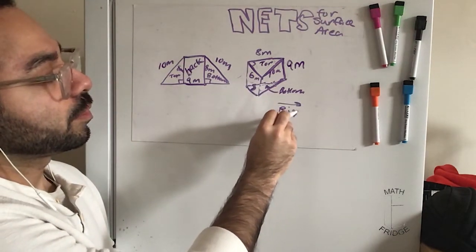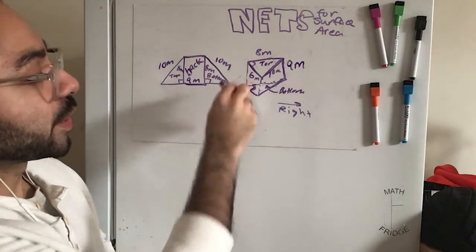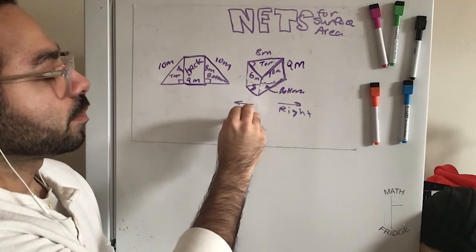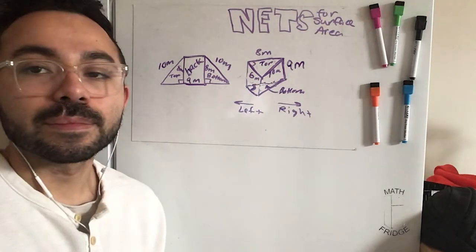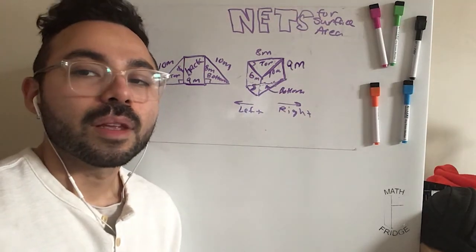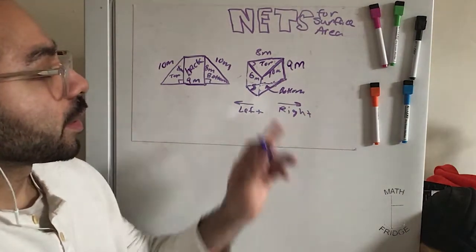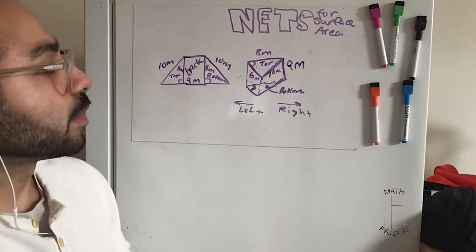And this face right here is going that way. So now I have the right and the left side, or left and right faces, of this prism.